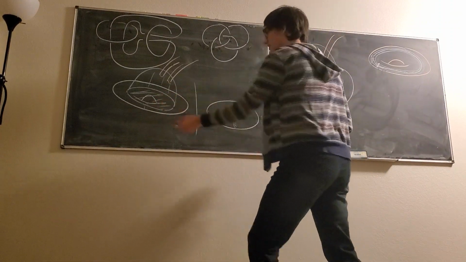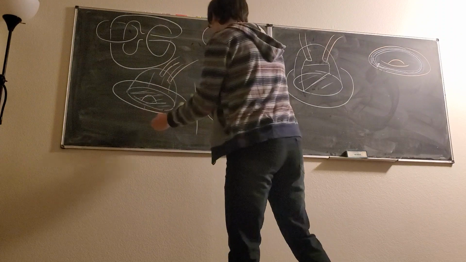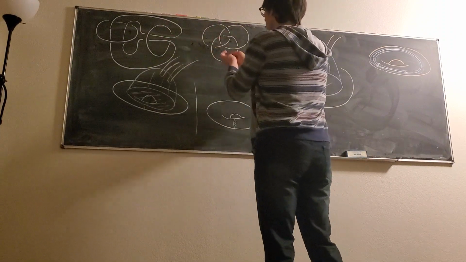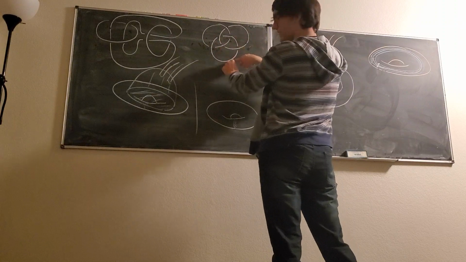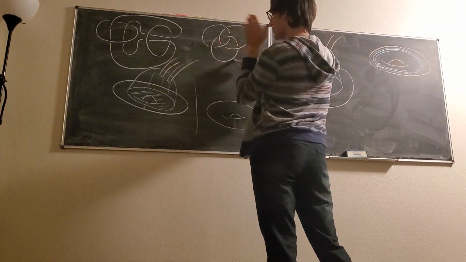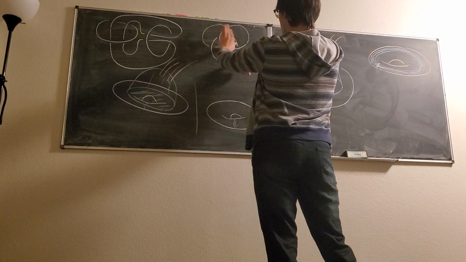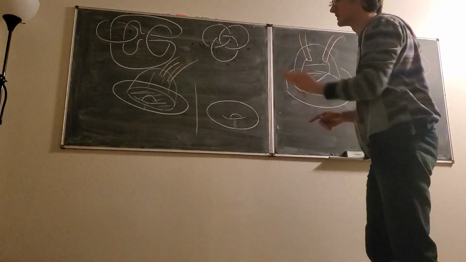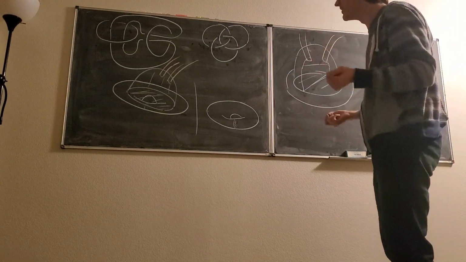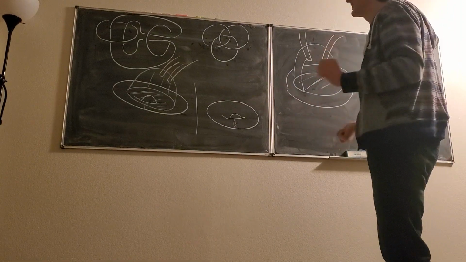So you'll always be bounding a disc here, and you'll always be getting this bubble up. You're going to get a bubble up that's going to hit this particular tubular region twice, or you'll get a bubble into the blackboard that's hitting this one twice. So either way, you're getting a torus. So you're getting the circle of tori, which is precisely T3.